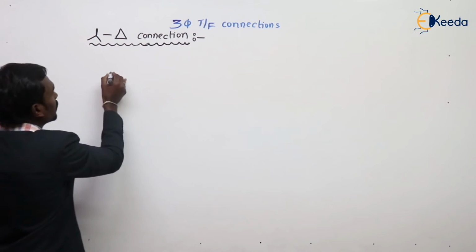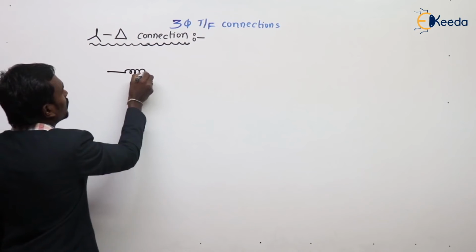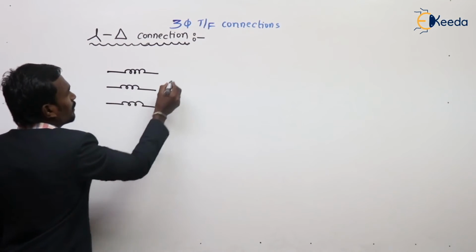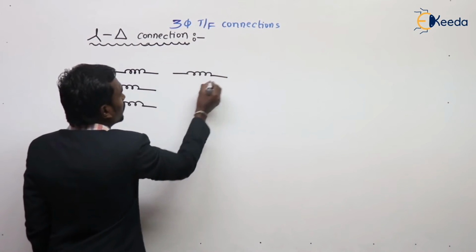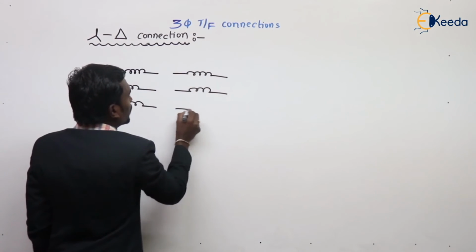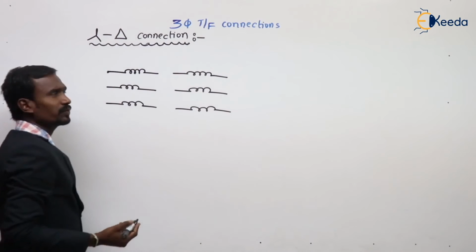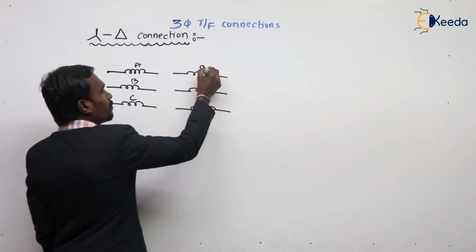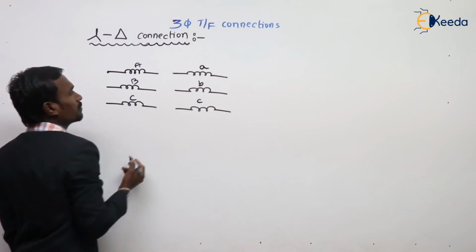Let's see here. These are the three phases of the primary and these are the three phases of the secondary. We know that this is capital A, B and C, small a, b and c.